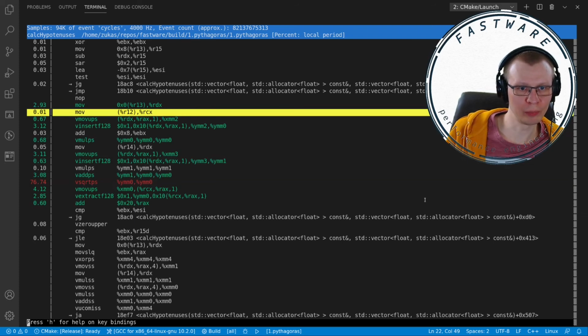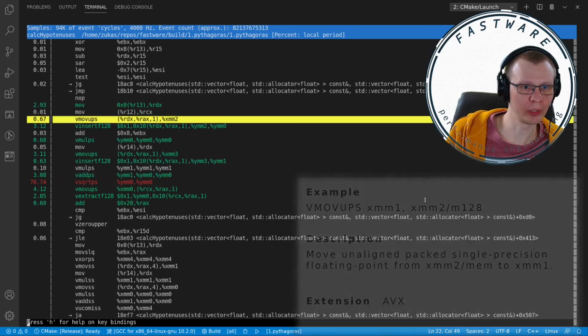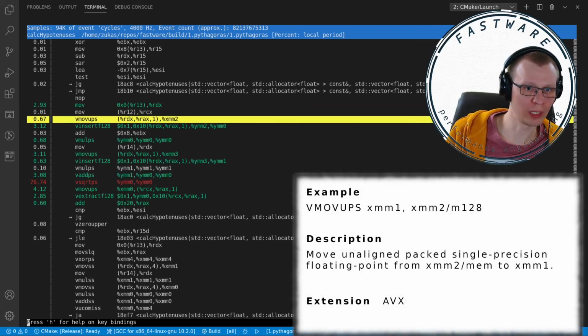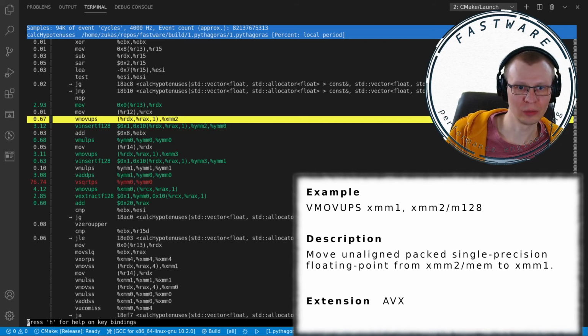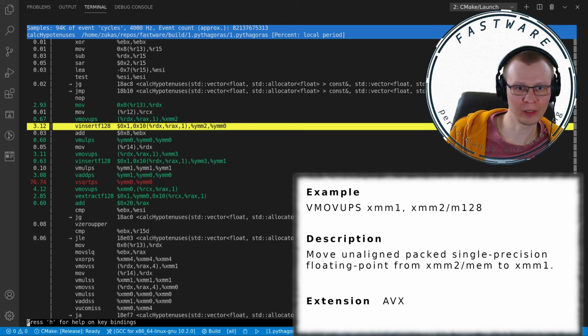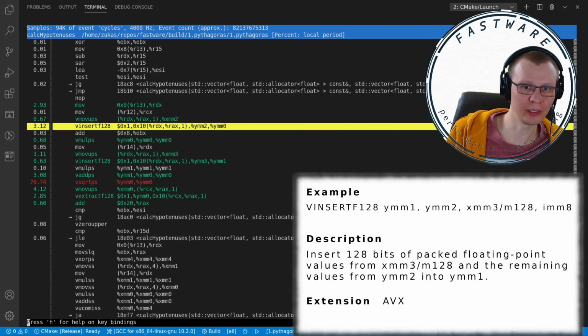We do some preparation here, and here we have vector move unaligned packed single precision data. This moves into the bottom register, the XMM2, and then it extends that register into the elongated 256-bit register, so the upper bits are the YMM2 register.